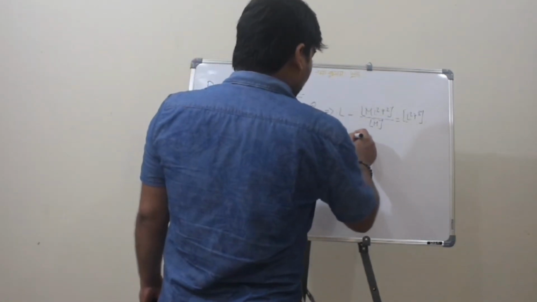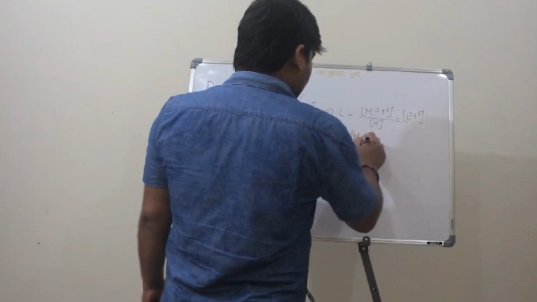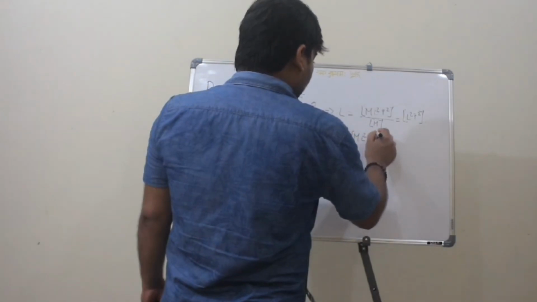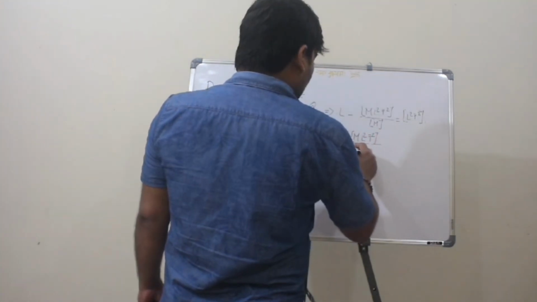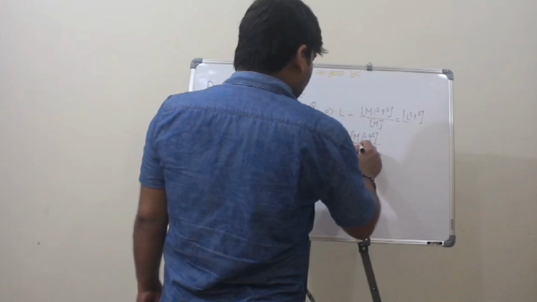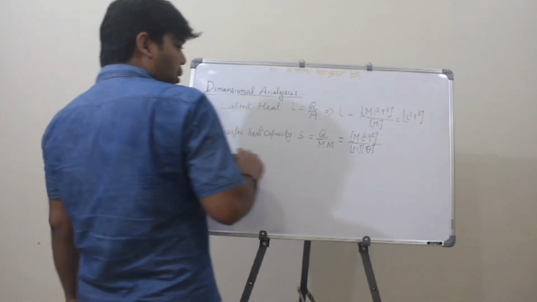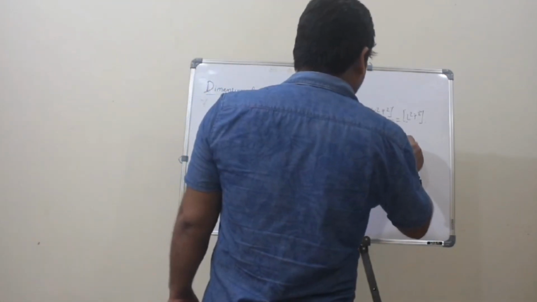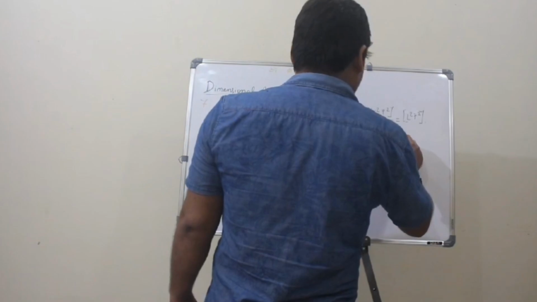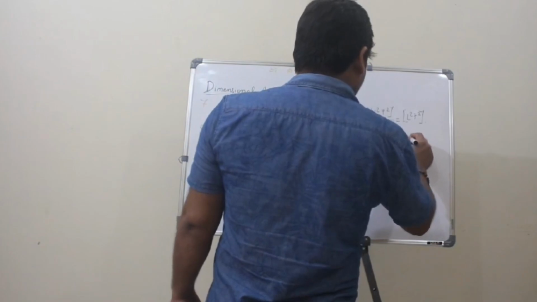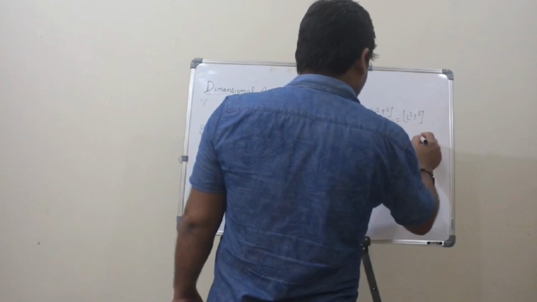So Q is nothing but the heat stored in the system, and M is the mass, and delta T is the temperature, which is represented by theta. So its dimension will be L square T to the power minus 2 and theta to the power minus 1.